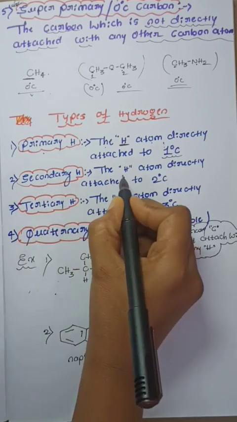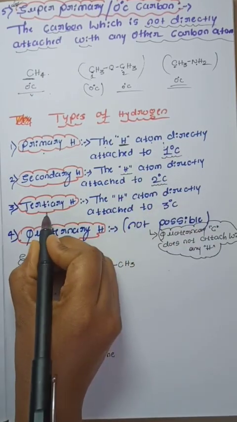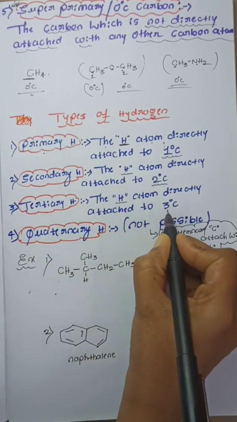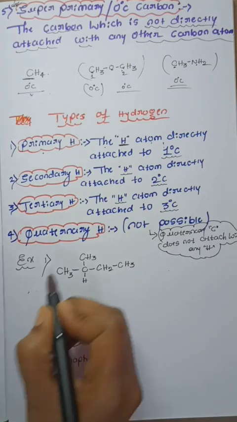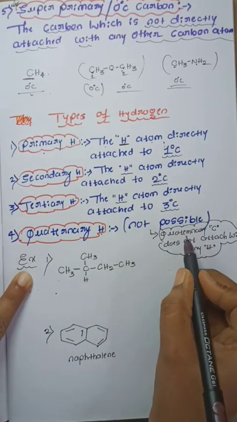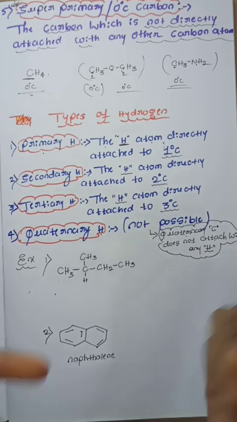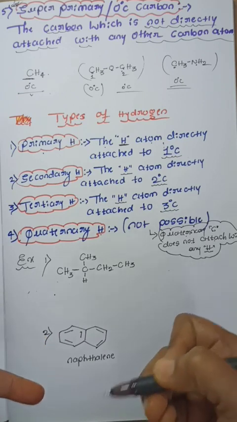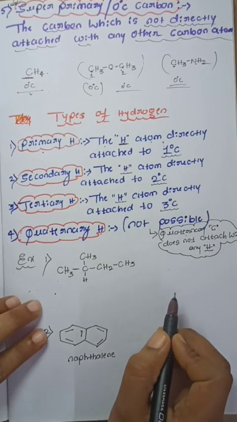Secondary hydrogen means the hydrogen atom directly attached with secondary carbon. Tertiary hydrogen means the hydrogen atom directly attached with tertiary carbon. The last one, quaternary hydrogen, is not possible. Why? Because quaternary carbon does not attach with any hydrogen. If no hydrogen is attached to the carbon, quaternary hydrogens are not possible.